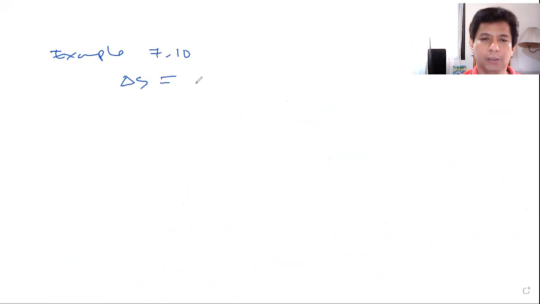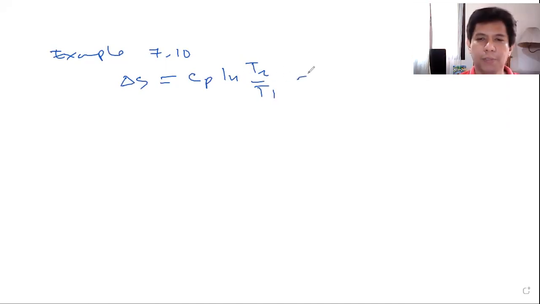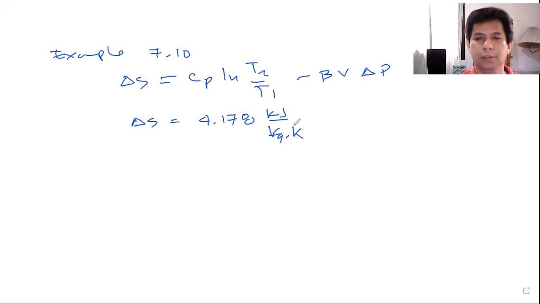So the formula is Cp ln T2 over T1 minus beta V times delta P. So delta S is simply equal to 4.178, in kilojoules per kilogram per Kelvin. That will also be the unit of delta S.